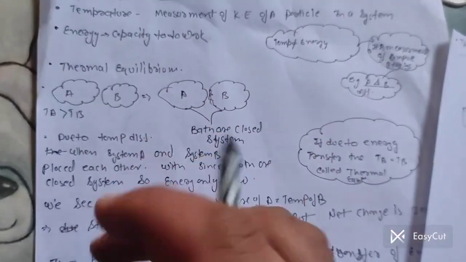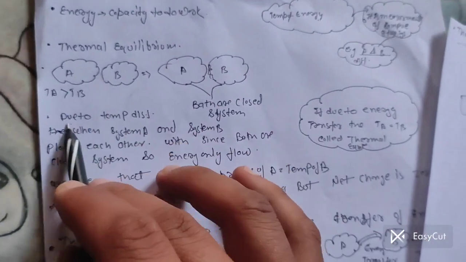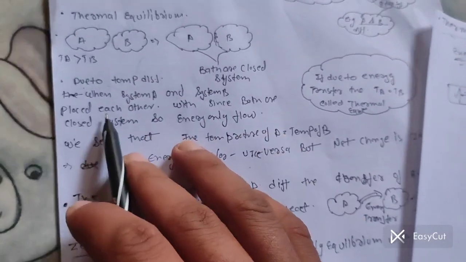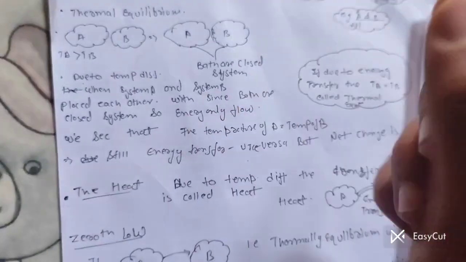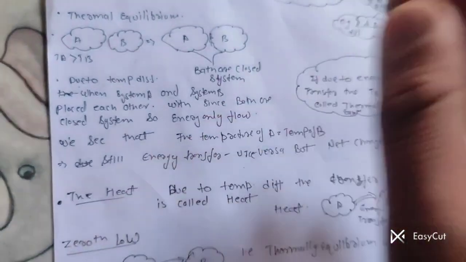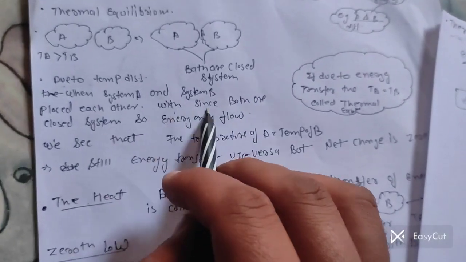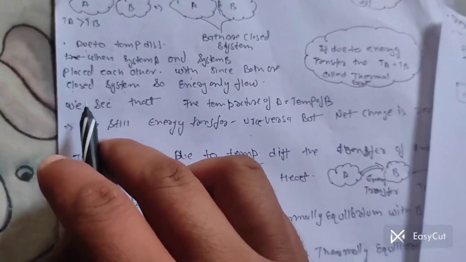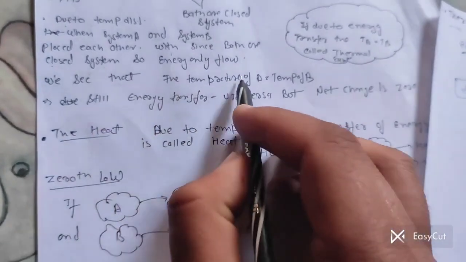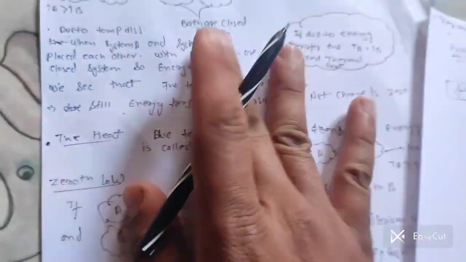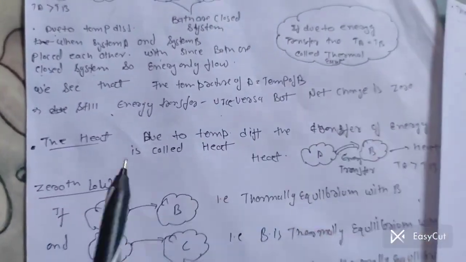So the definition of thermal equilibrium: due to the temperature difference, when system A and system B are placed next to each other, separated, with no transfer of liquid and both closed systems, only energy flows. We see that the temperature of A is equal to the temperature of B. Energy is still transferred, but the net flow is zero because the energy level is the same overall.